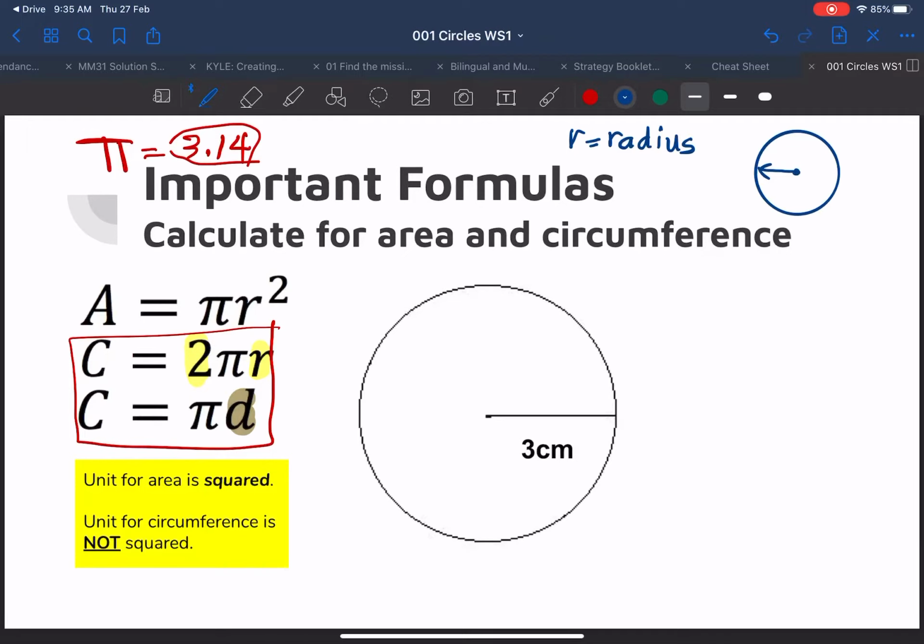In our class, I mentioned that the diameter of a circle goes from one side to the other side. When it goes from one side to the other side, that's the diameter. When it's from the center point to this side, that is the radius. So if you notice clearly, this is a radius.